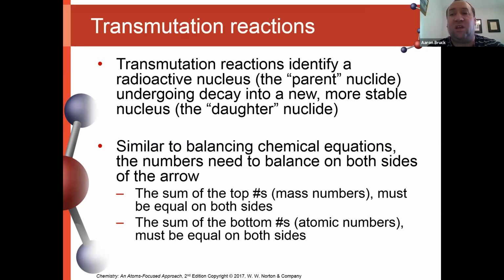Transmutation reactions are a little bit different than what we've seen in our other types of balancing. In balancing transmutation reactions, we're not interested in conserving atoms. We're not really even interested in conserving nucleons necessarily. We are interested in conserving total mass. To do that, we can split this equation in half.